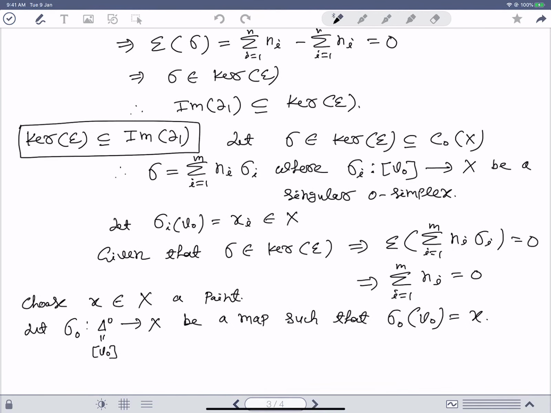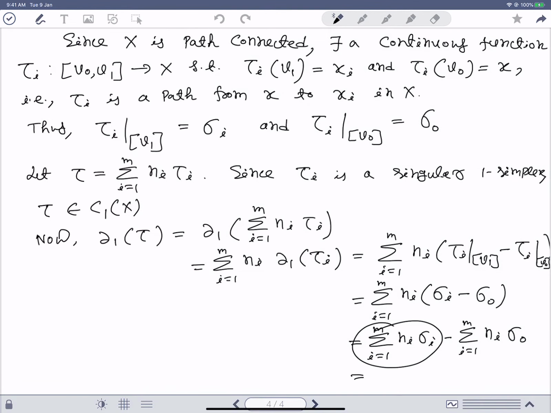You can check where is my sigma. So this part is sigma and this part is 0, because sigma_0 is a constant one, so it is sigma_0 and summation over i equal to 1 to m n_i, and this is just 0. So this is sigma.